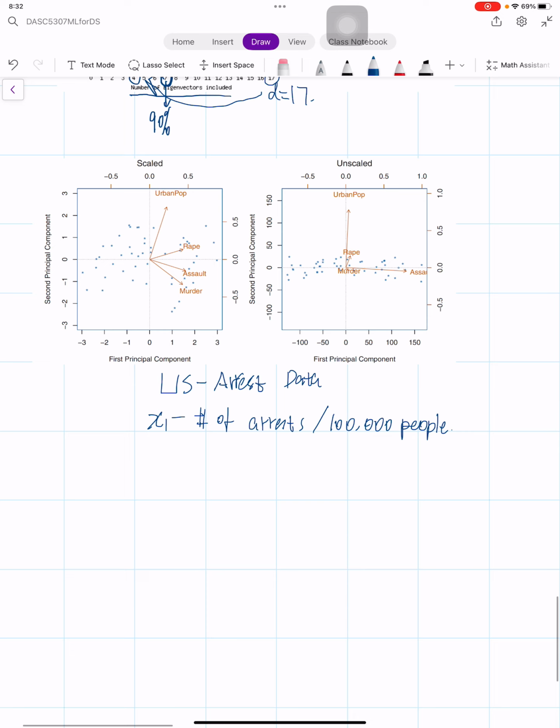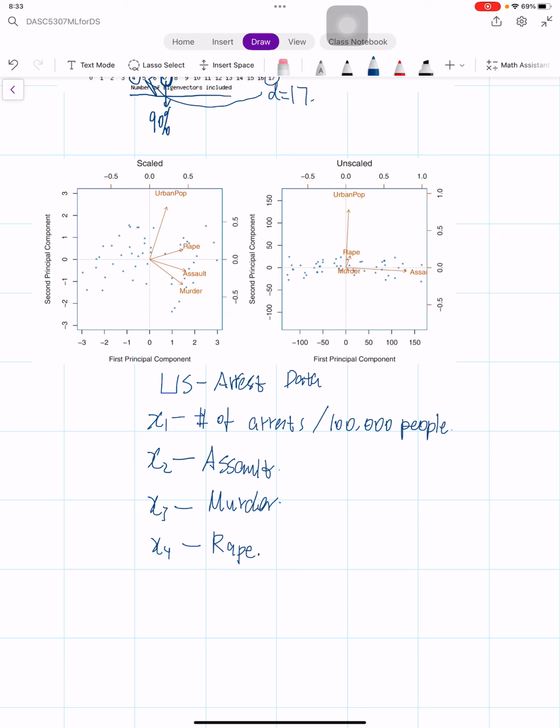The x2 variable is the assault. X3 is the variable murder. X4 is another feature, rape.